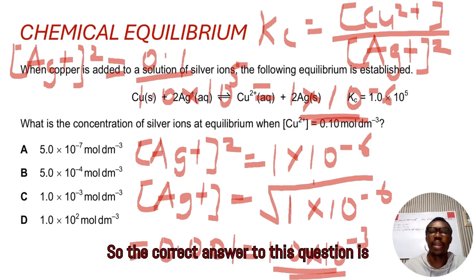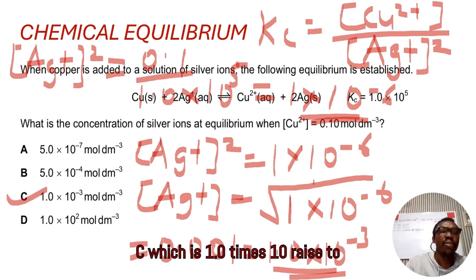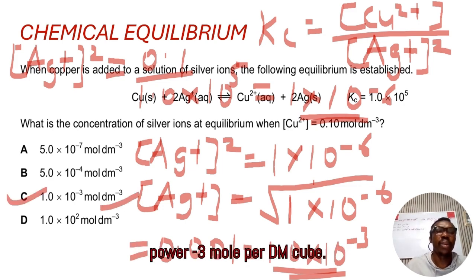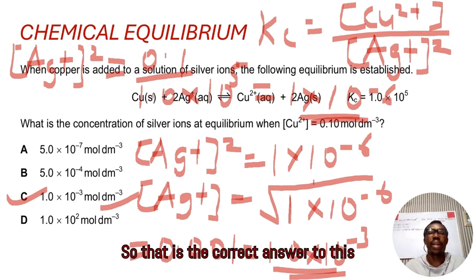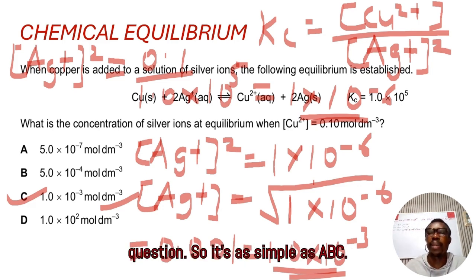So the correct answer to this question is C, which is 1.0 times 10 raised to power minus 3 mole per dm cube. So it's as simple as ABC.